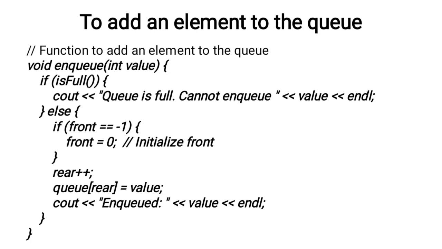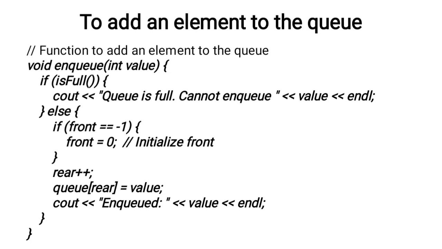There is one parameter that is called value. I declared int value in my parameter list. Then inside the function I have used an if-else statement. What will the if-else statement be doing? There is a condition over there, used just to check if the queue is full.